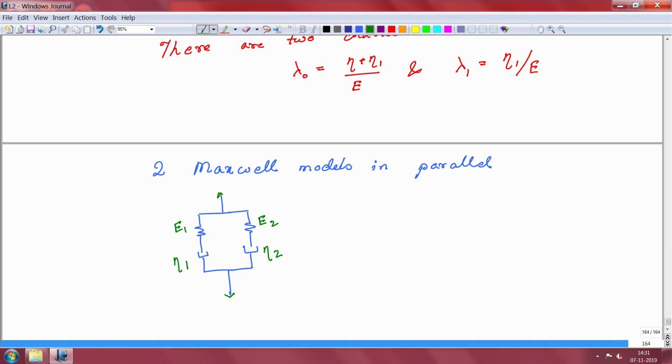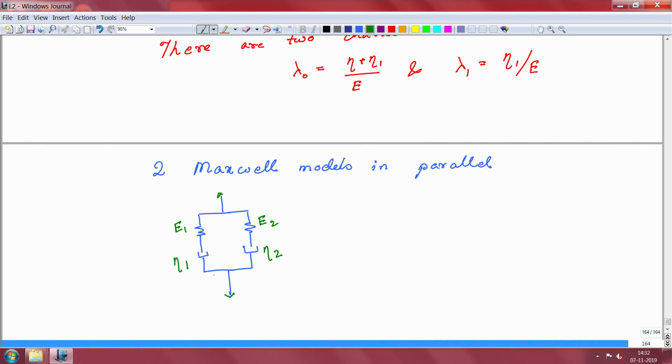See, if you apply a force on this system, there will be some force that will be shared by the first Maxwell and the second Maxwell model, but whatever the forces be, however small, you will always have a dashpot that is going to keep on giving you displacement. Right.